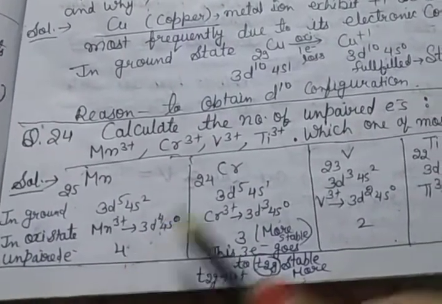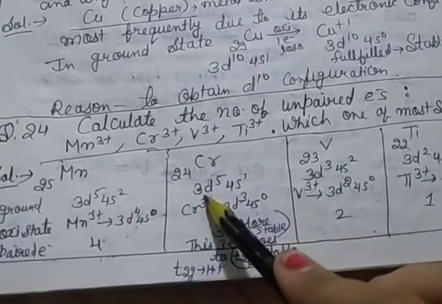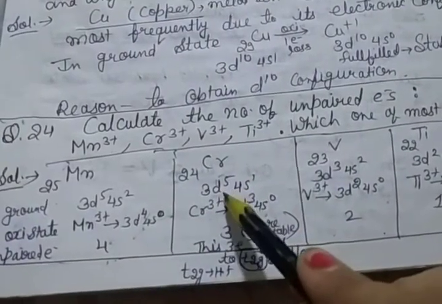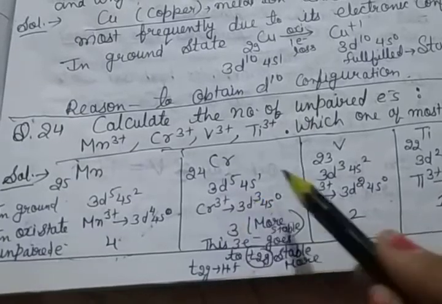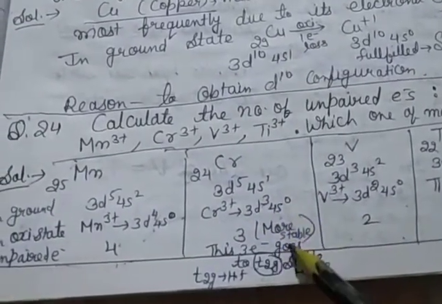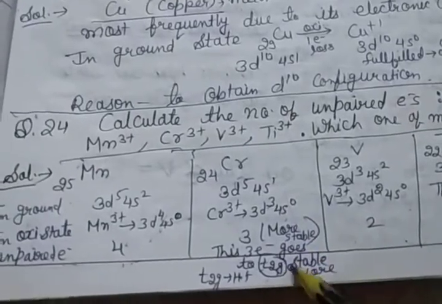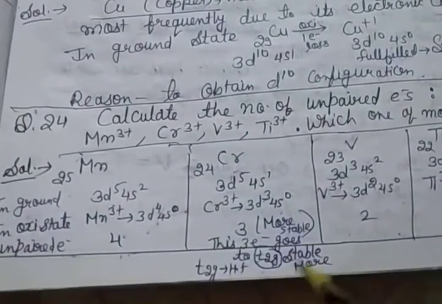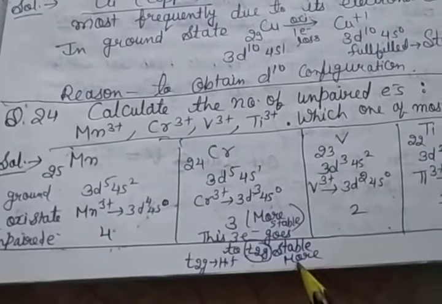4. Then chromium, atomic number 24, configuration 3d5 4s1; for 3 plus, 3 electrons are removed, so 3d3. These 3 electrons go to T2G, so it is more stable.